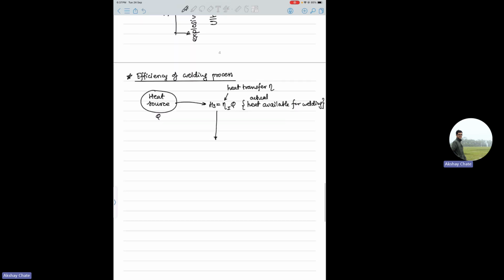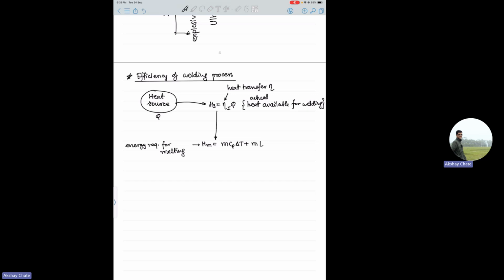Then when you do the welding, melting is happening. So you need HM, which is the energy required for melting, which will be m Cp delta T plus m into L, where L is the latent heat of fusion. Ideally HM should be equal to HS, but in reality there will be certain thermal losses to the surroundings during the melting process.